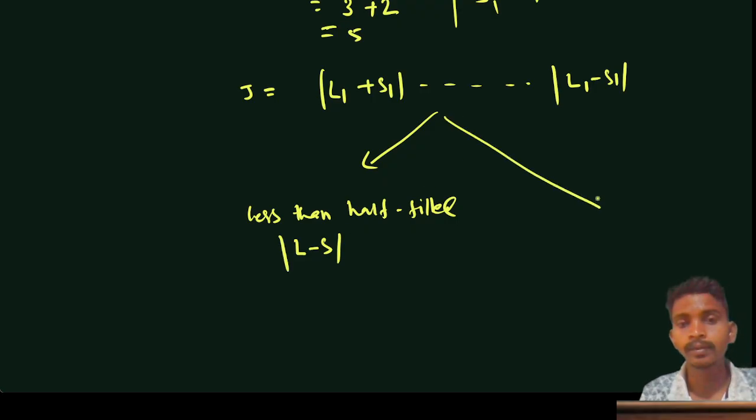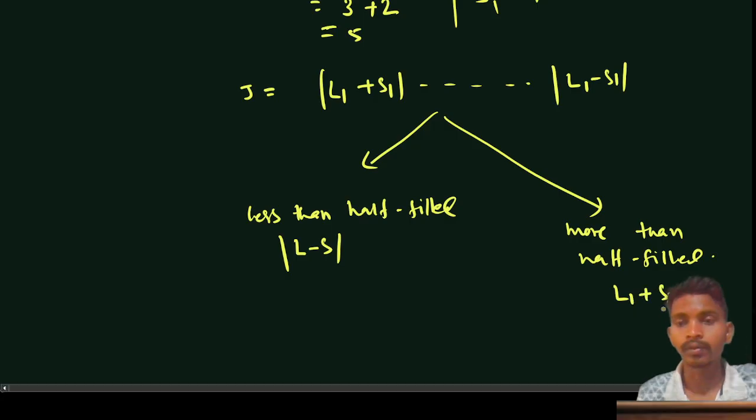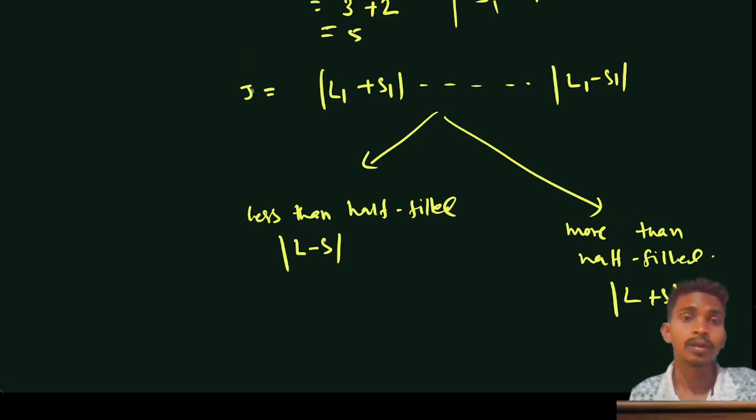And if it is more than half filled, same as in the terms, then this is taken as L1 plus S1, or in the general way, L plus S. This is the J value. Whenever you are calculating magnetic moments, we take J like this, whether it is half filled or more filled.